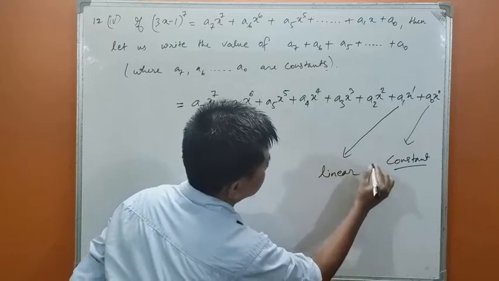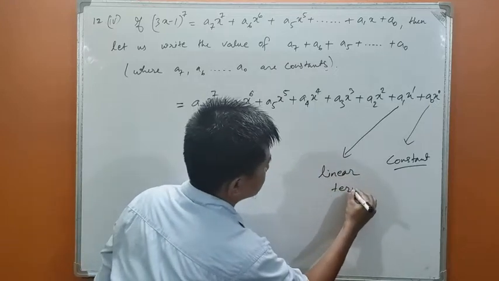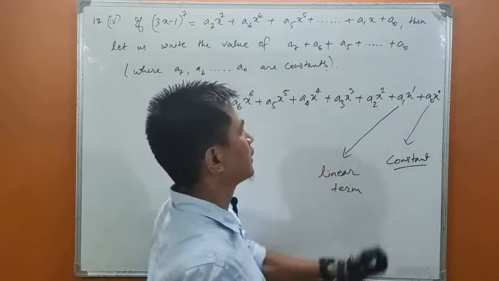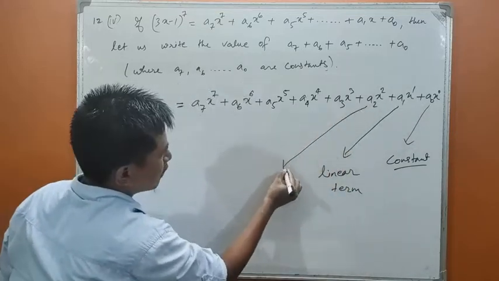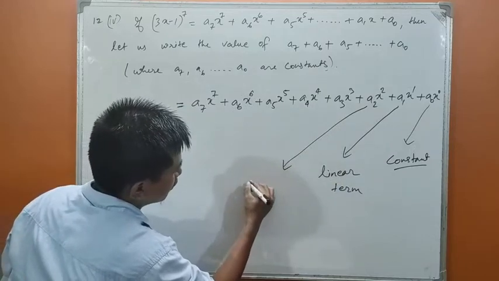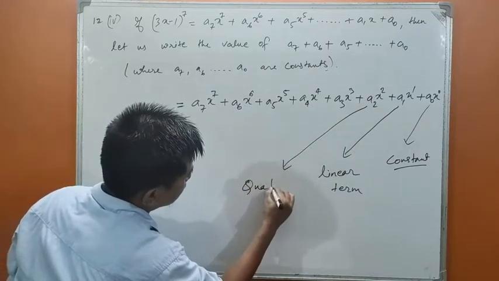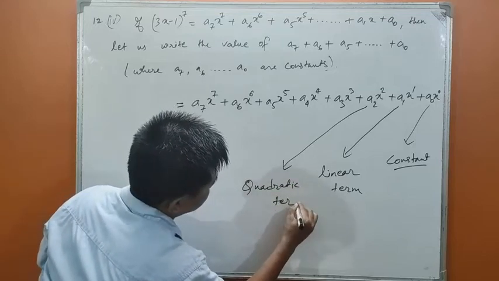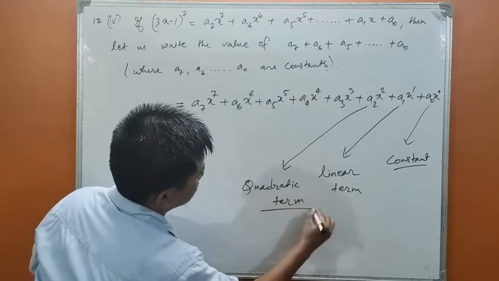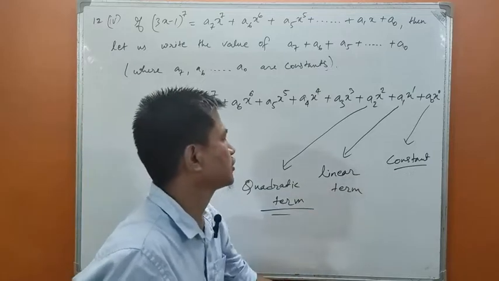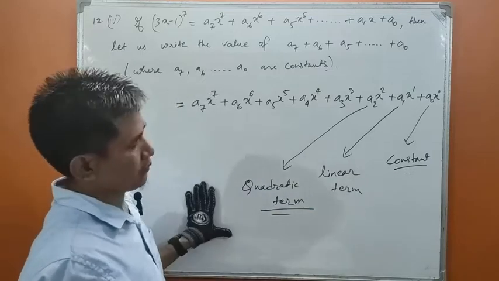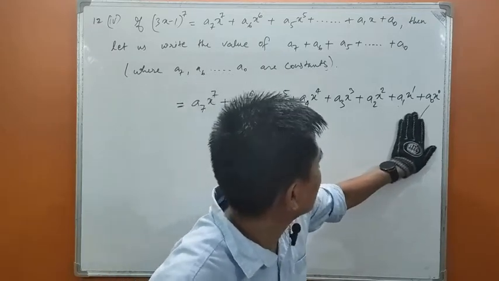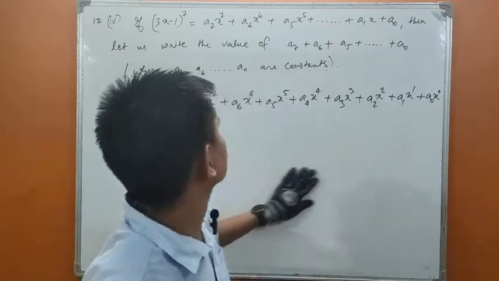Please keep in mind, linear term. The term whose power of variable is 2 is called the quadratic term. These three terms have special names: constant term, linear term, and quadratic term. This is to be kept in mind, and now we will proceed further to solve this question.